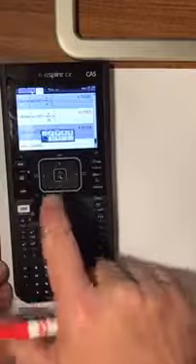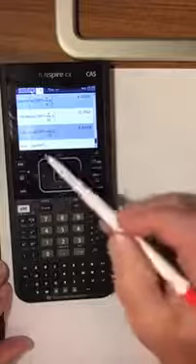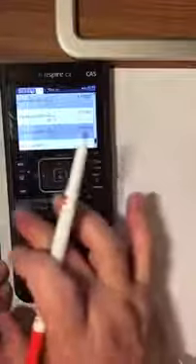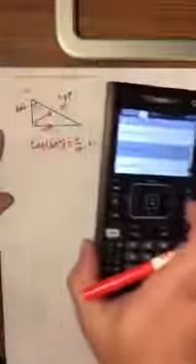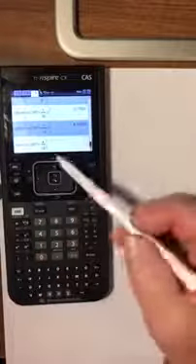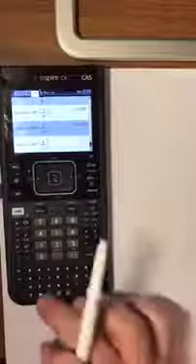Arrow down to get the degree symbol, press enter, and then move your cursor between these two parentheses and press equal and control divide, and your fraction is x over 10. And then use the right arrow to move outside the fraction, comma x, enter. So x equals 5.